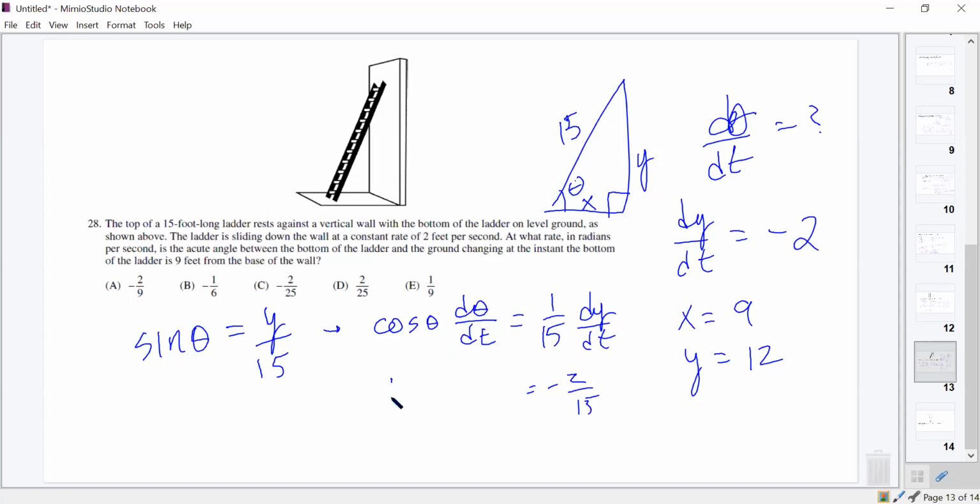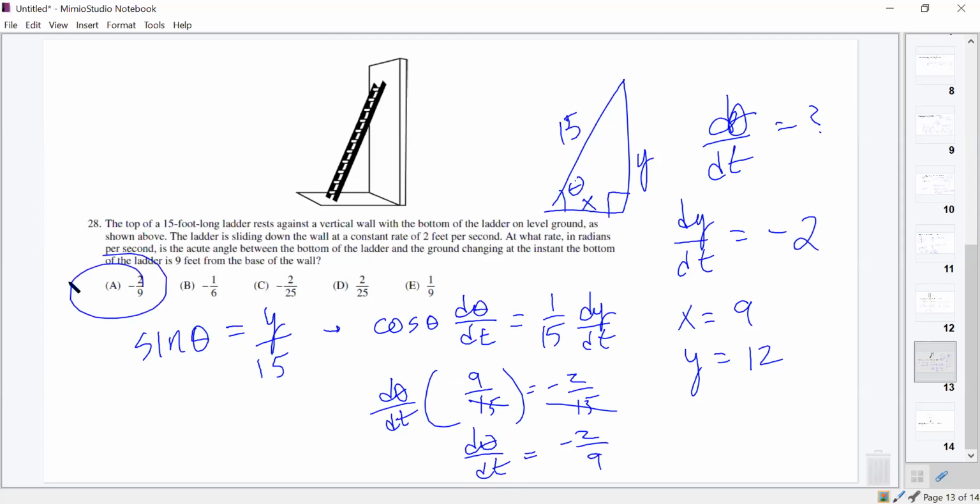We don't have d theta dt because that's what we're looking for. And we don't have cosine theta, but we should be able to find cosine theta. Cosine should be adjacent over hypotenuse. Well, that would be 9 over 15. 15s will cancel each other out, and we end up with d theta dt equals -2 over 9. Choice A. Questions on that? Everybody okay with that?